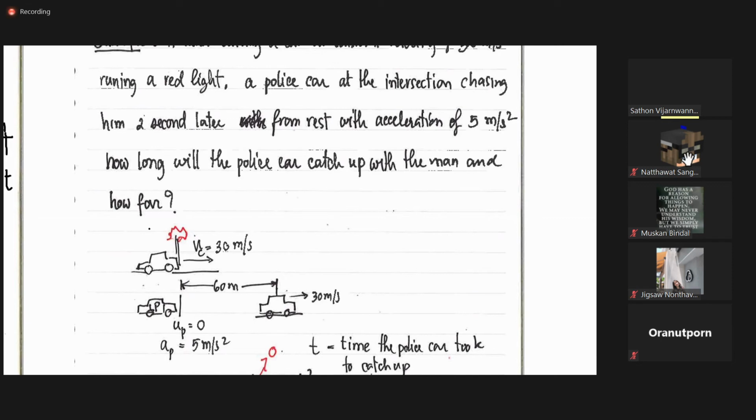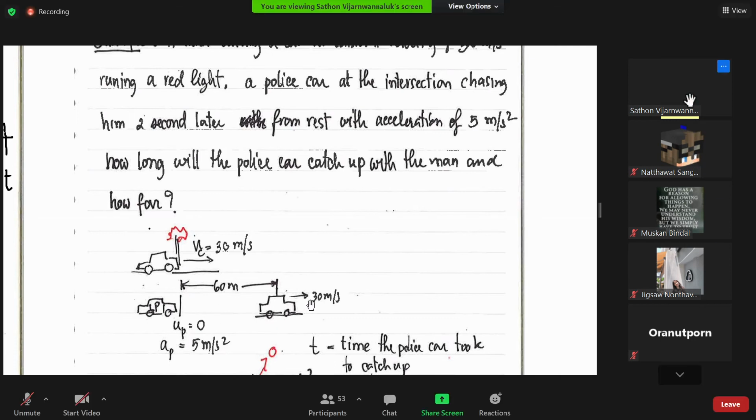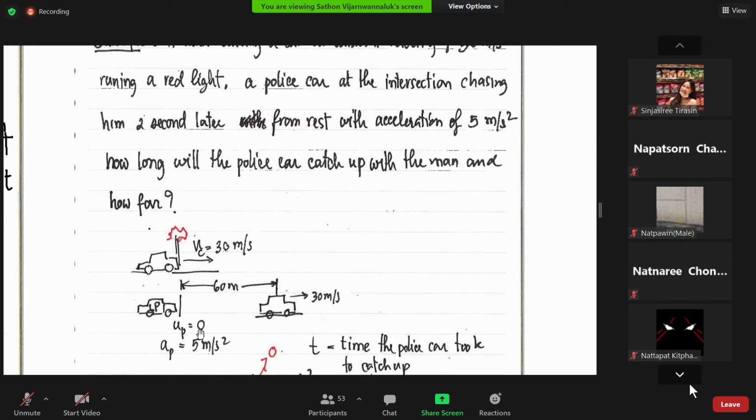So when the police start moving, the car is 60 meters ahead of the police car with a velocity of 30 meters per second. The police car chases with initial velocity equal to 0, but an acceleration of 5 meters per second squared.